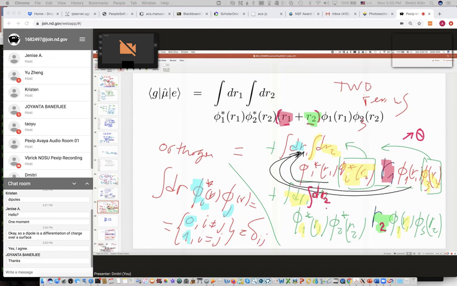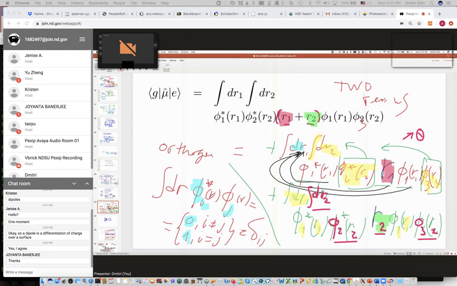I focus on this integral, this phi 2 of R2, R2 in the middle, and here phi 3 of R2. So these three things need to be integrated.